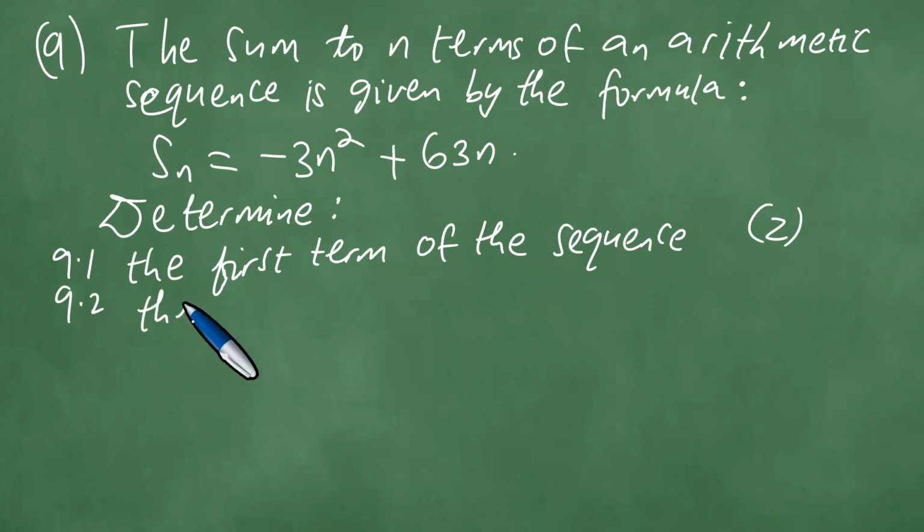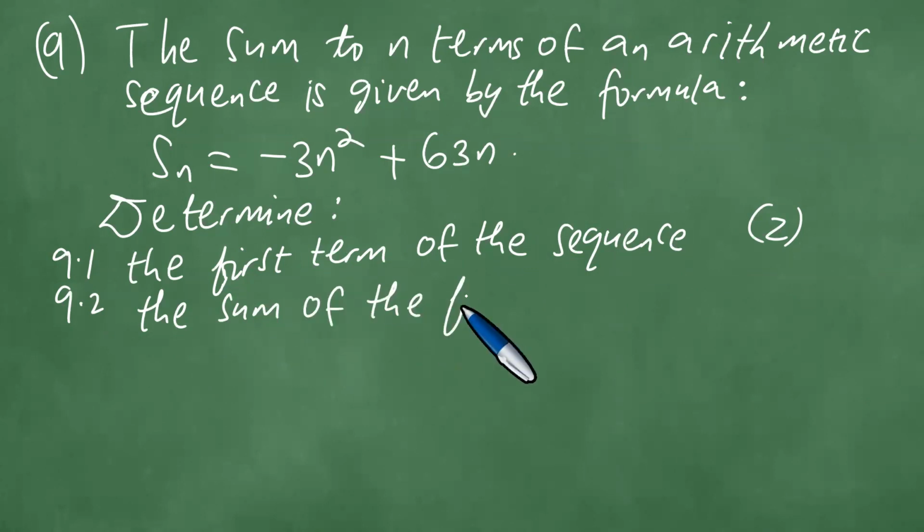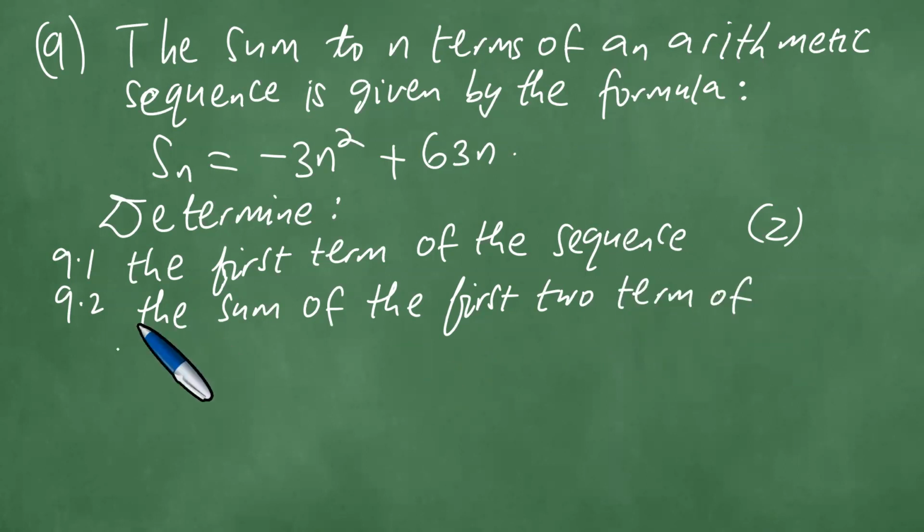9.2, the sum of the first two terms of the sequence.